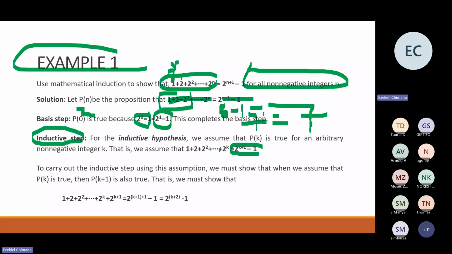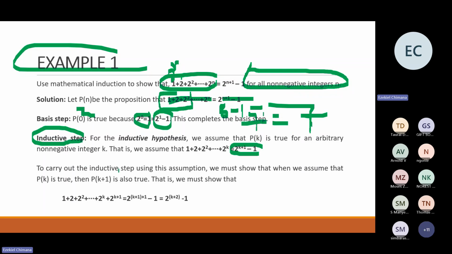On the inductive hypothesis, that's where I said that you need to make an assumption that if it is true for the basis step, it must also be true for P of K. So in other words, where we're having an n, we are going to put a K. So we are going to have 1 plus 2 plus 2 squared plus up to 2 to the power K is equal to 2 to the power K plus 1 minus 1, just like that.